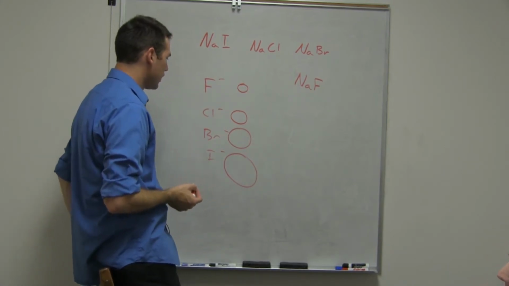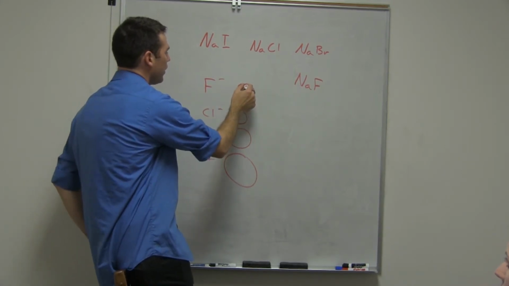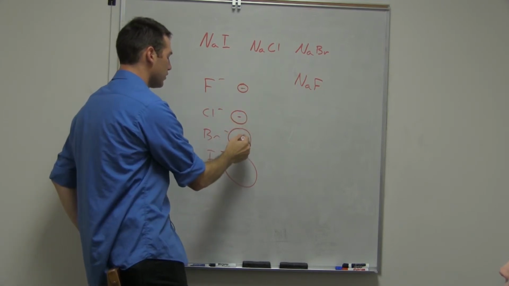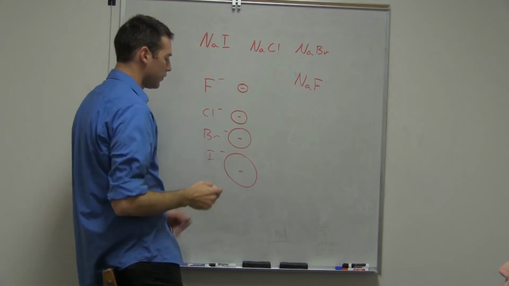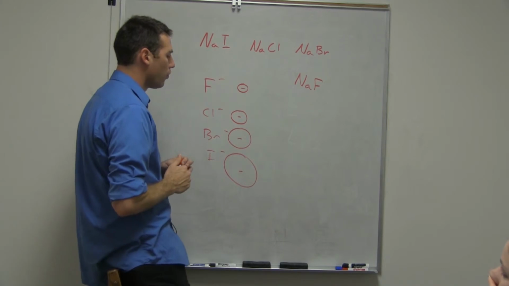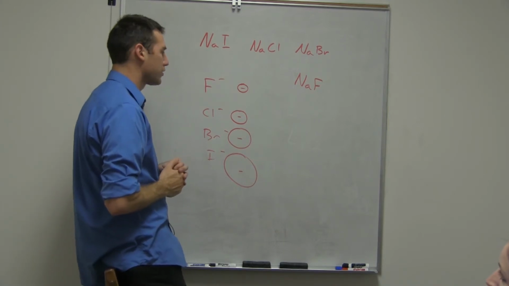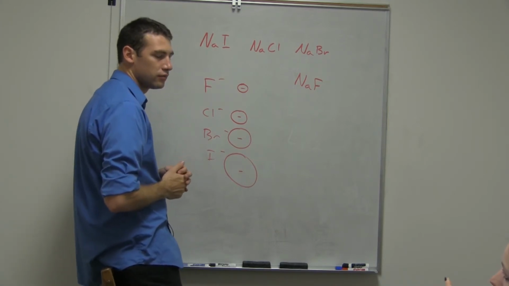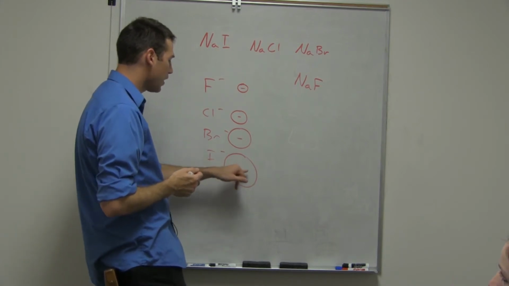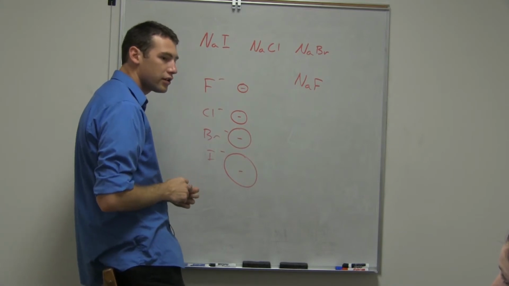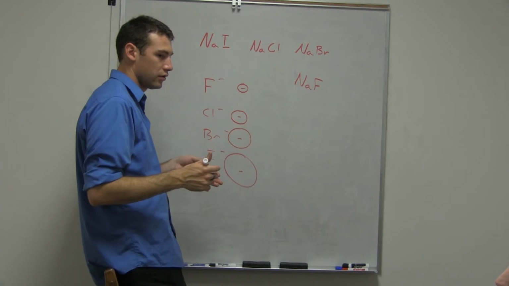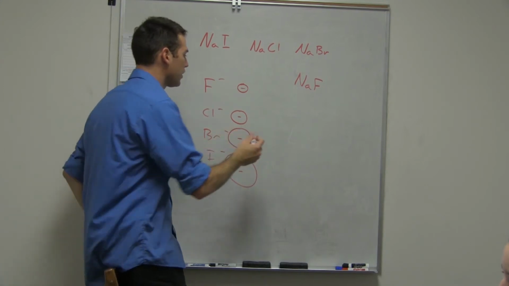And each of these overall has a charge of -1. So which one has the charge more distributed, and which one has it more concentrated? The most distributed is the iodine. Because its charge is over a wider area, it's a lot weaker.